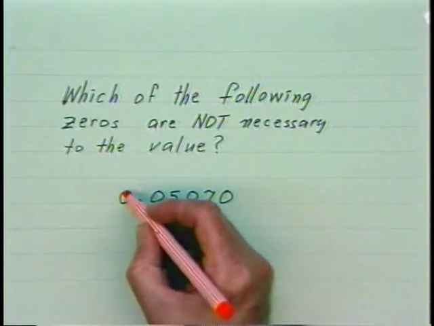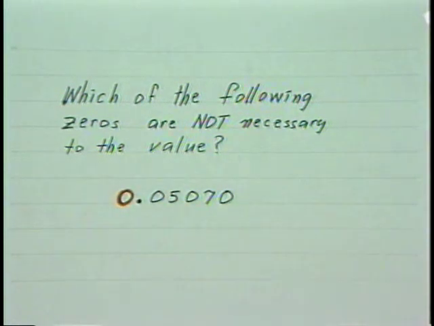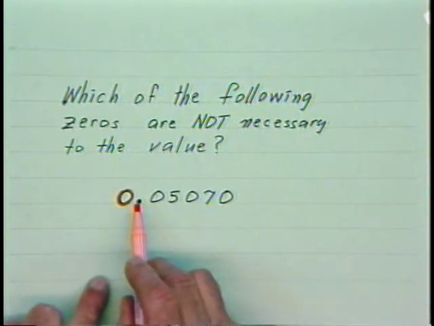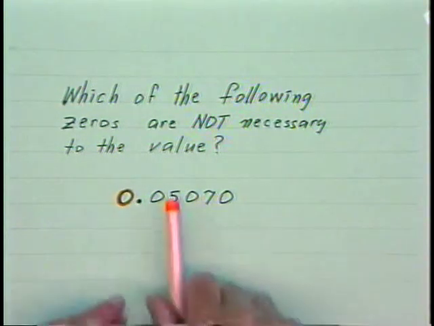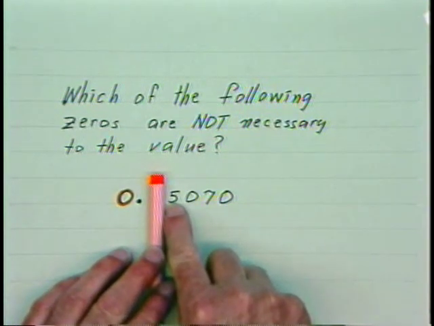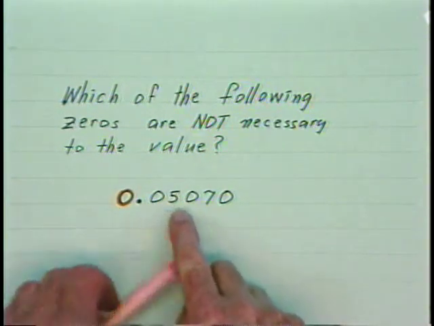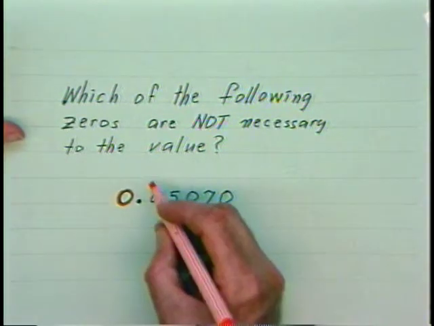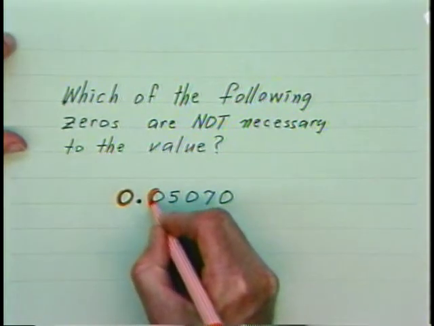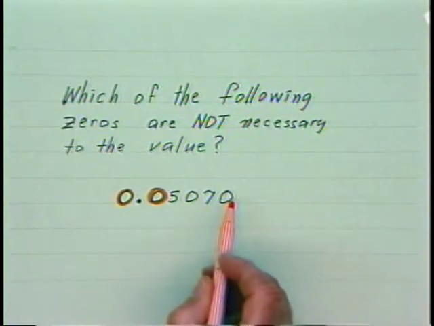So I really don't need this, but we've agreed that we will keep it for cosmetic purposes to help us really see this. But now if I were to leave this zero out, we would think that this is 5/10 because tenth is a first place value. But this tells me there are no tenths and 500ths. So this one is necessary. To throw it away would be to change the total value of our decimal number.